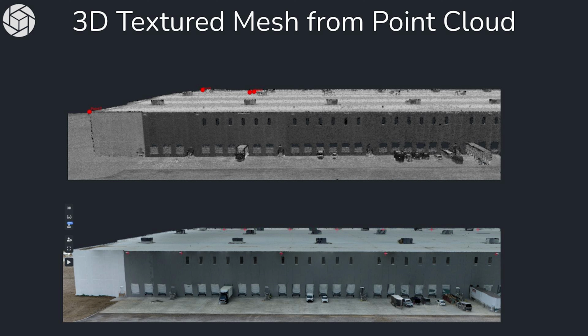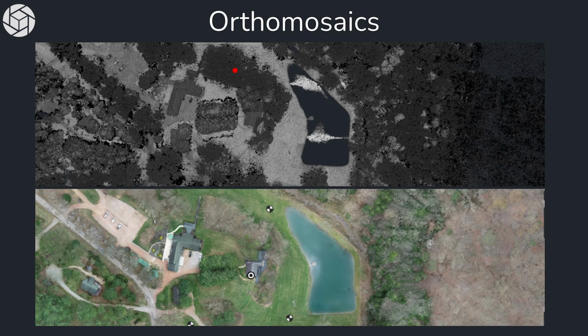From this LiDAR point cloud, we can generate highly detailed, highly realistic textured meshes by integrating that camera information with the LiDAR data. And because we've solved for those data misalignments and established the correct view assignment for each point in that point cloud, we can generate very, very accurate 3D meshes from this data.